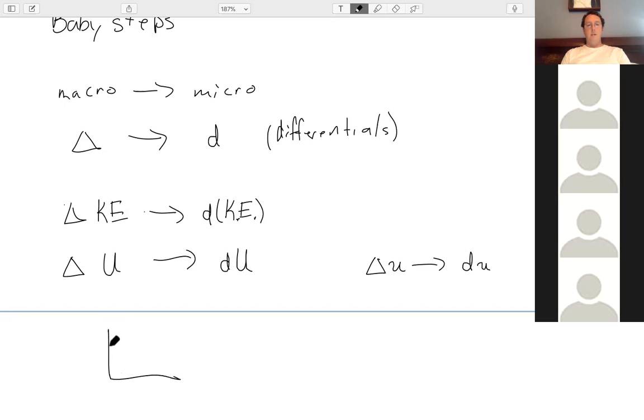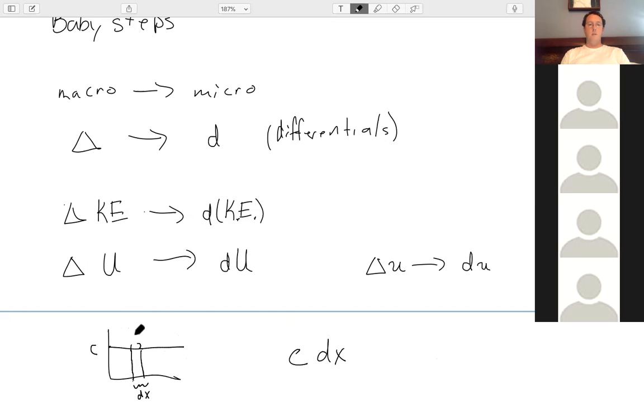You have a flat graph, and we're going to integrate from here to here, and the width of this is dx, and the height is going to be a constant. How would you find the area under this curve if you integrated from state 1 to 2, from left to right? C times dx. Awesome, rock star.